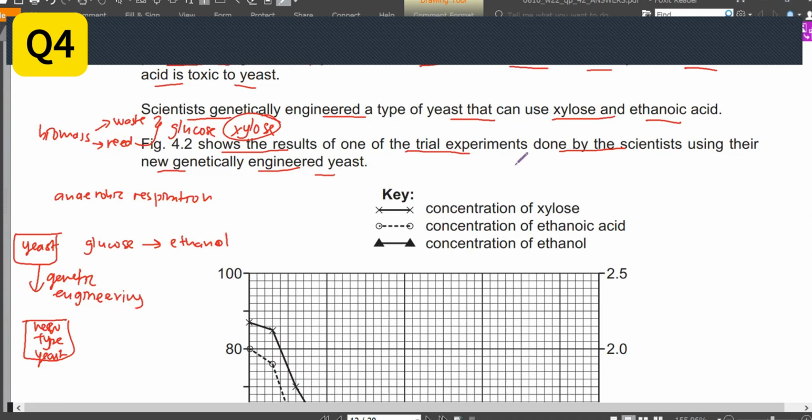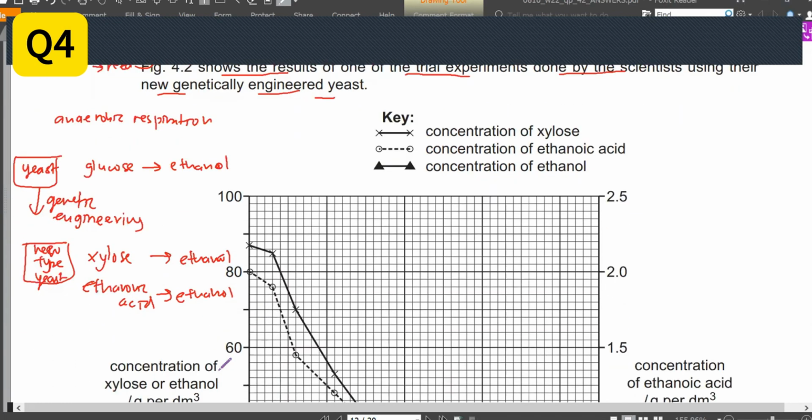It can use xylose and also ethanoic acid. So it can use xylose and ethanoic acid to produce ethanol. So that's quite good. We can take a look at this picture here.